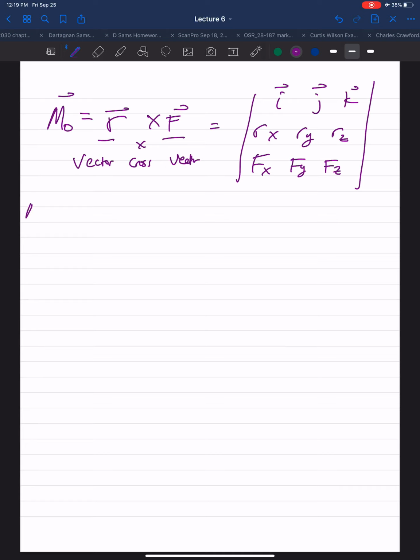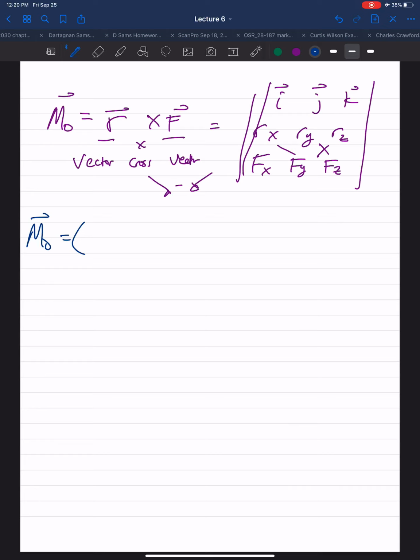So then our moment is, remember, take this column, do this, take this column, do that, likewise and so forth. Always this way minus this way. So then our moment for I, the first column, we ignore the top row and the first column.